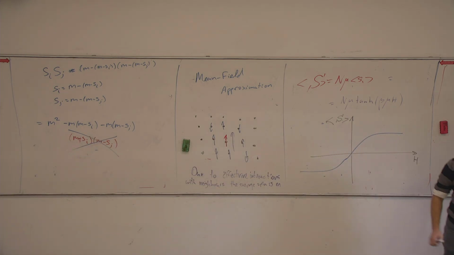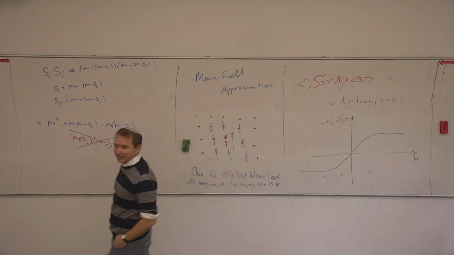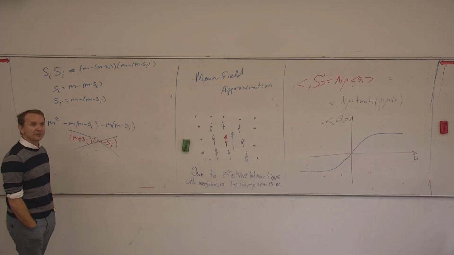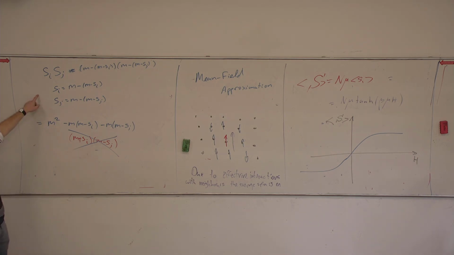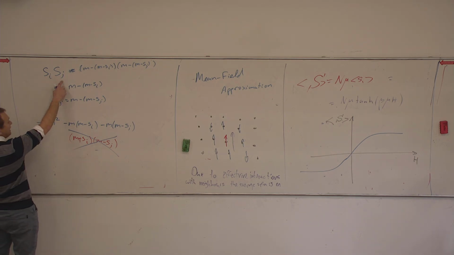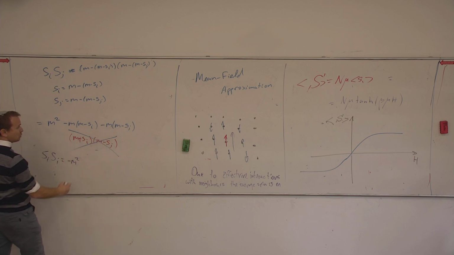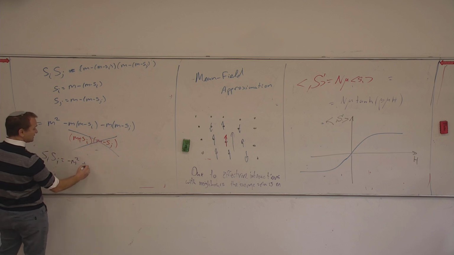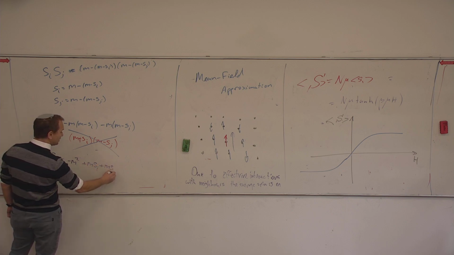So in physics, we are trying always to perform whatever we can, okay, and not everything. Now, look what we've got. So we've got that the term Si Sj equals M squared minus M squared minus M squared. So it is in total minus M squared plus M Si plus M Sj.